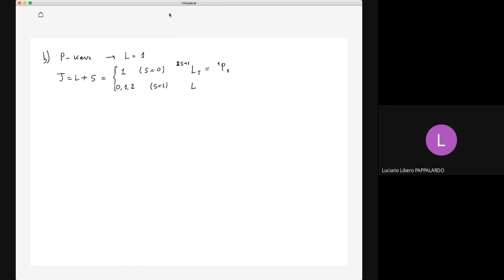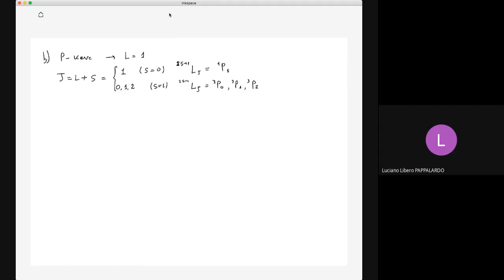So in this case, our quantum numbers will be given by 3P0, 3P1, and 3P2. The spin is 1, and we are adding it to the orbital angular momentum, which is non-zero, it is 1. So we have three possible values for the total angular momentum, and we have to treat them all separately.